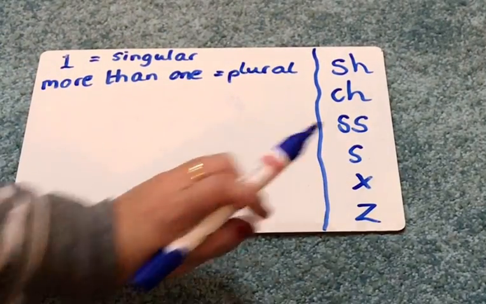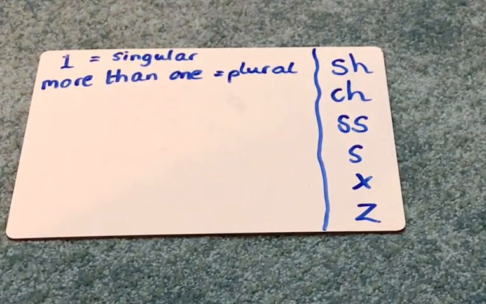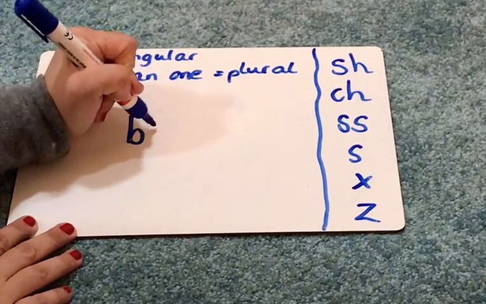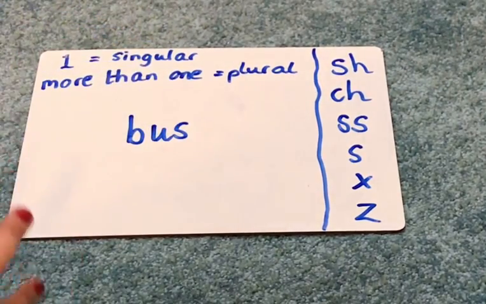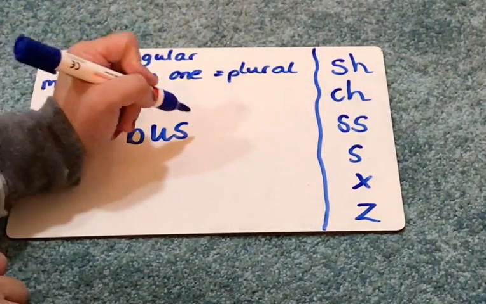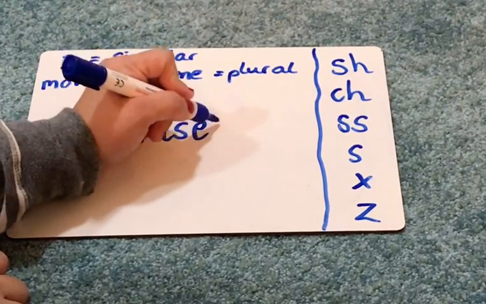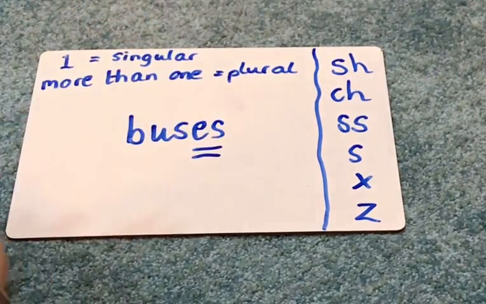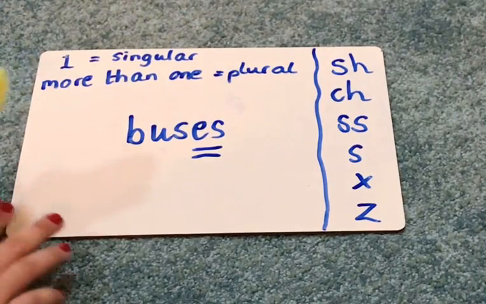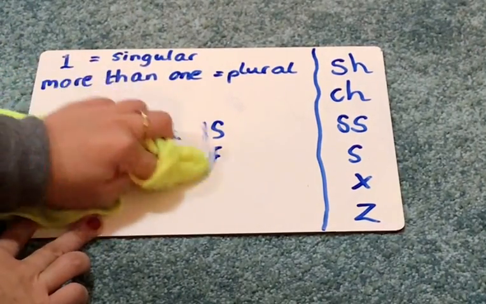And can you think of one more for an S? Let's go for another that's quite popular on a test, a bus. And there are buses waiting outside our school to take us home after a hard day at school.